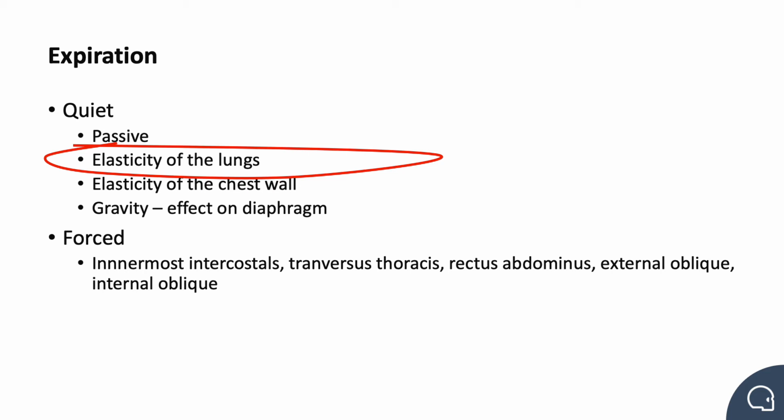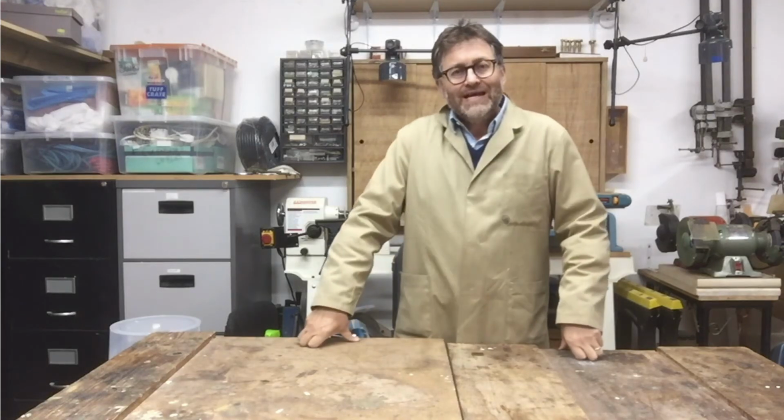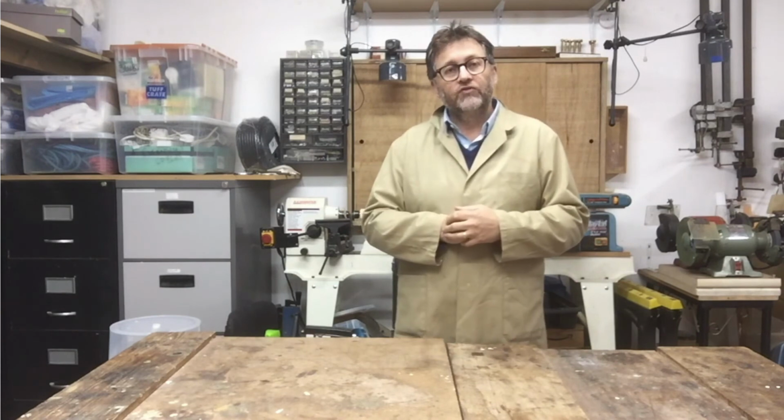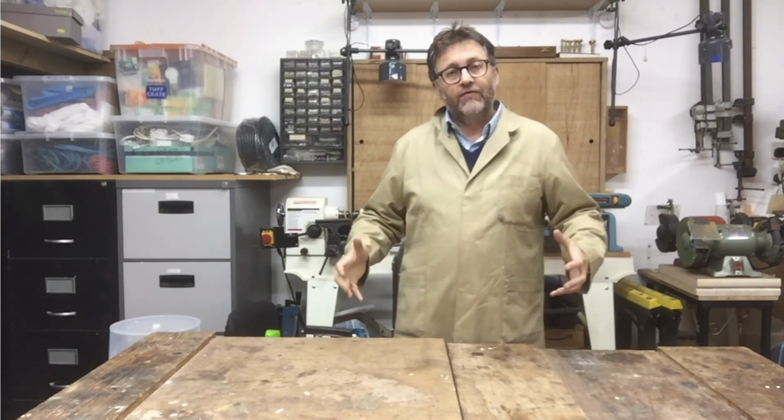But if the lungs are only attached at the mediastinum and can glide and move freely within the lining of the chest wall, how can they exert their elasticity and pull on the chest wall? I feel there's another visit to the shed. The elasticity of the lungs pulls the sides of the chest wall down and the diaphragm up.